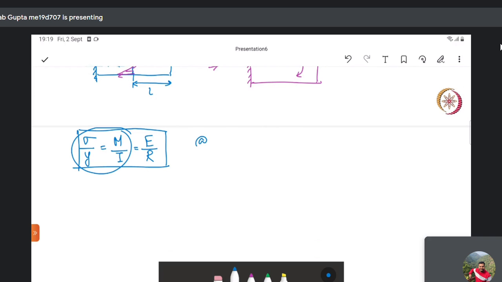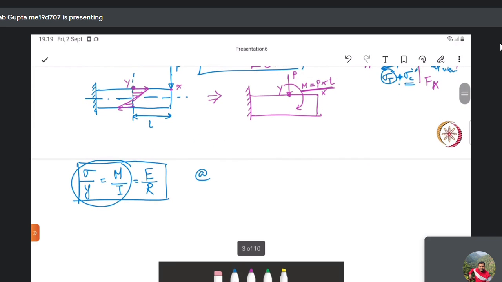Basically, at y, we have M is equal to P into L. So my sigma will become M into y by I.